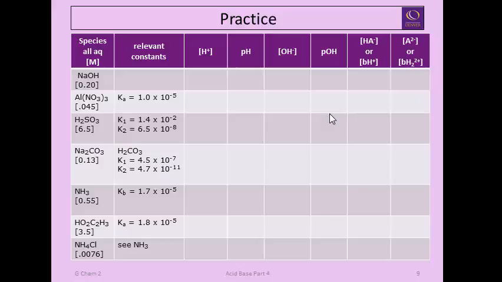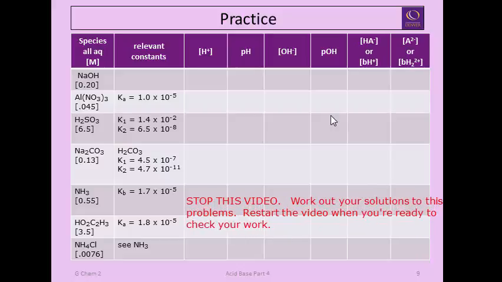The other advice I'd have for you is stop your video, work these problems out, see what you can get done. If there's a problem you can't work out the solution to, then move to the next row and see if you can solve that problem. This is just going to give you a lot of repetitions and exercise. We're not just going to solve for the H, we're always going to solve for the pH, the OH minus, and the pOH in water.